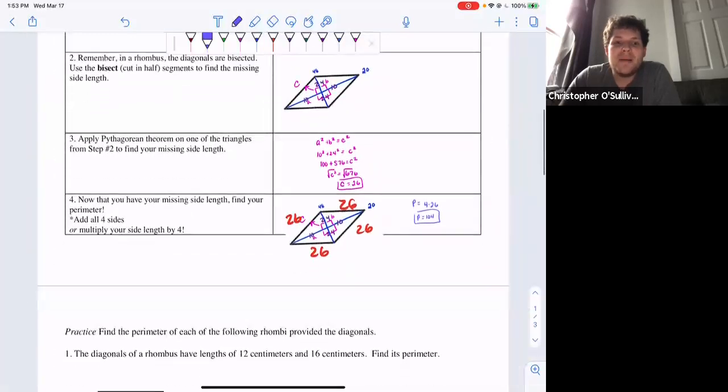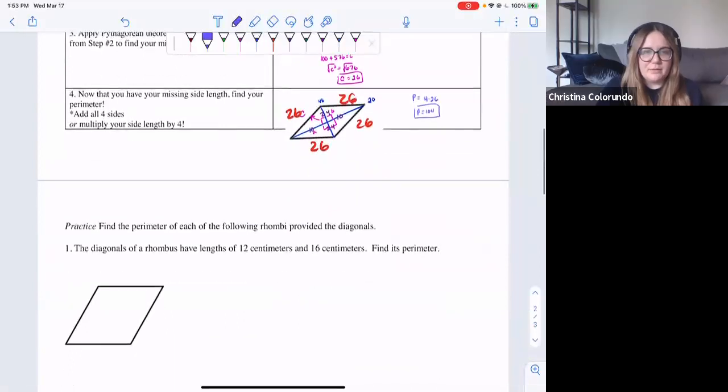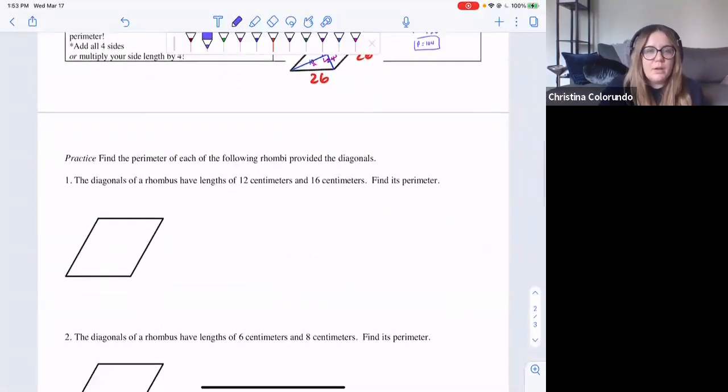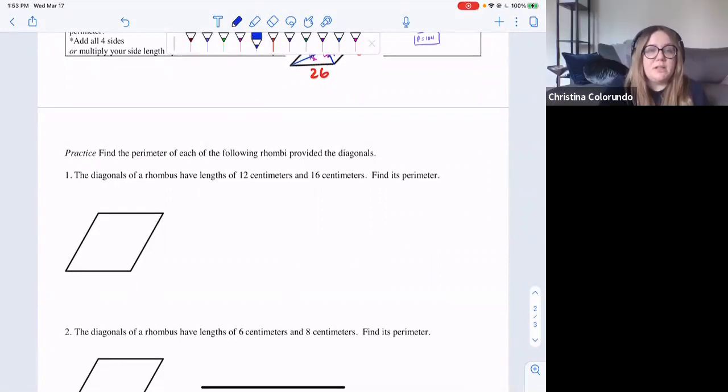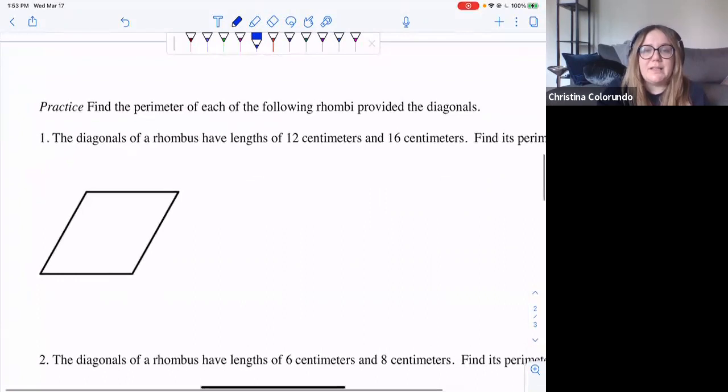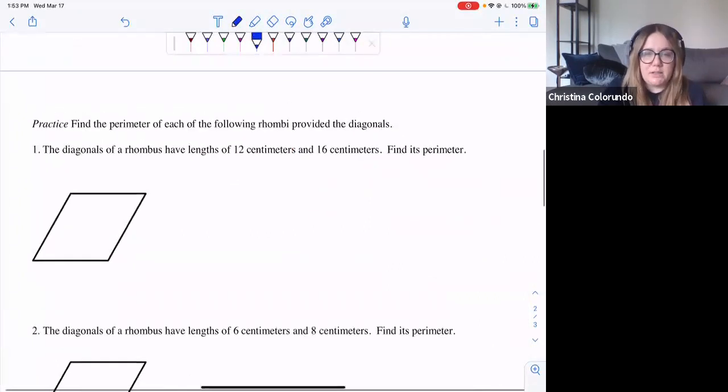I think we're ready to do some problems, right, Miss C? I think so. Miss C, can you read question number 1? Yeah, so for question number 1, you were dealing with a rhombus that has diagonals with lengths 12 centimeters and 16 centimeters. The goal is to find the perimeter. So as you can see, Mr. O'Sullivan is drawing the 2 diagonals that cut through the rhombus and is labeling them as 12 and 16.